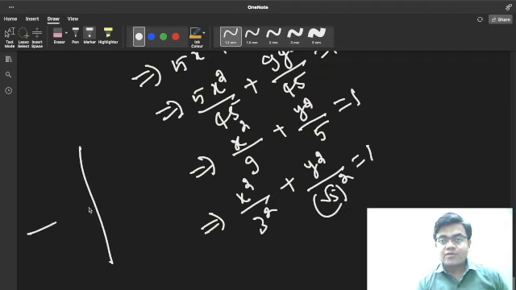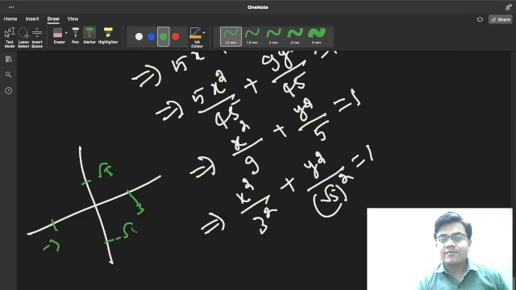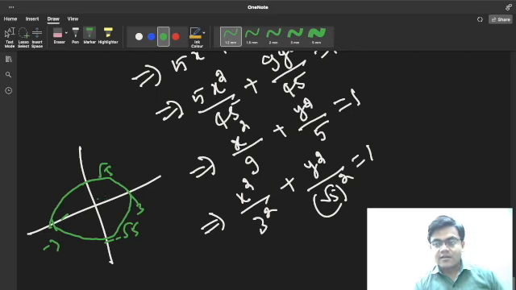When we try to draw the picture, it will be minus 3 to plus 3 as the major axis, and minus root 5 to root 5 as the minor axis. When we draw the ellipse, very bad, but you can understand, this egg. This is your ellipse.